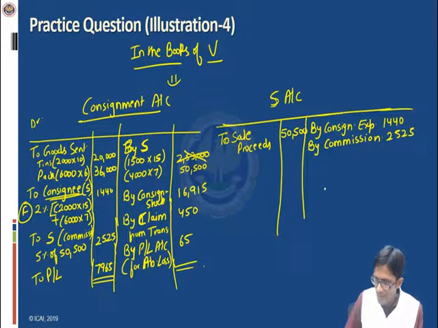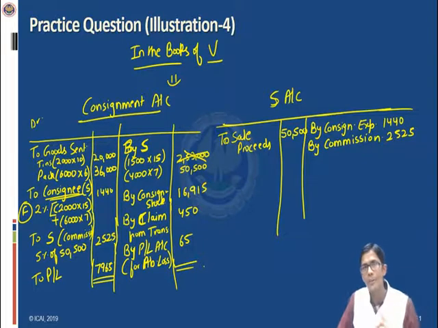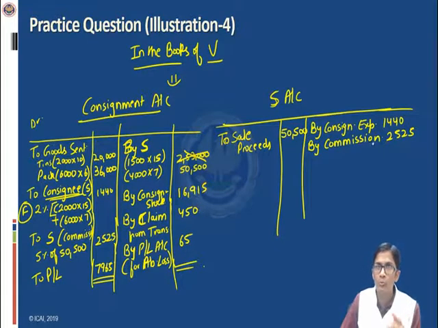What else? Is there anything remaining? No, nothing is remaining. The balance amount, that means 50,500 minus these two amounts, will be remitted by S to V.